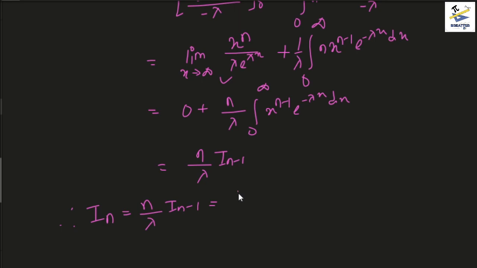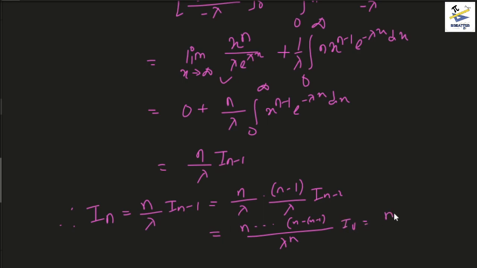In a similar way this should be n by lambda times n minus 1 by lambda times I of n minus 2, and for n it would go all the way up, and there would be lambda to the power n times I of 0.